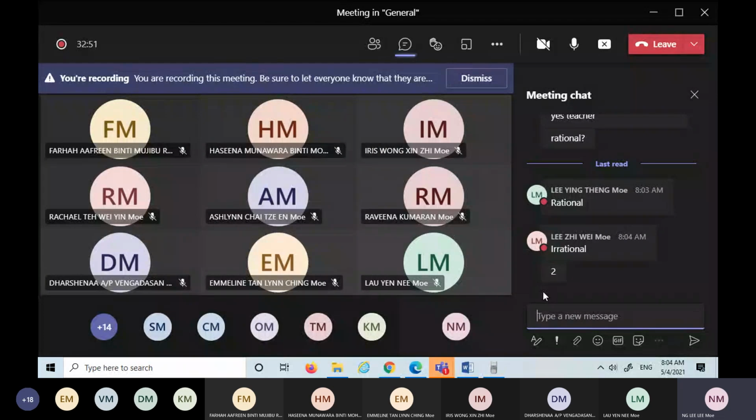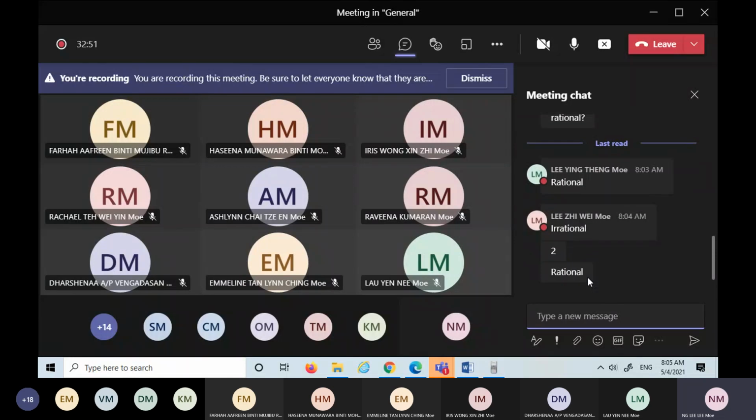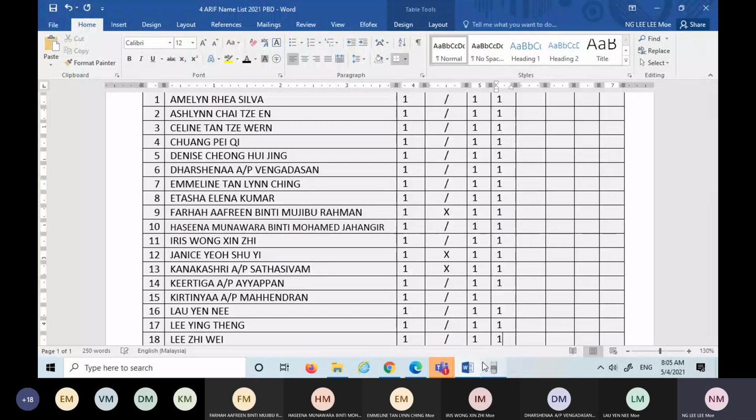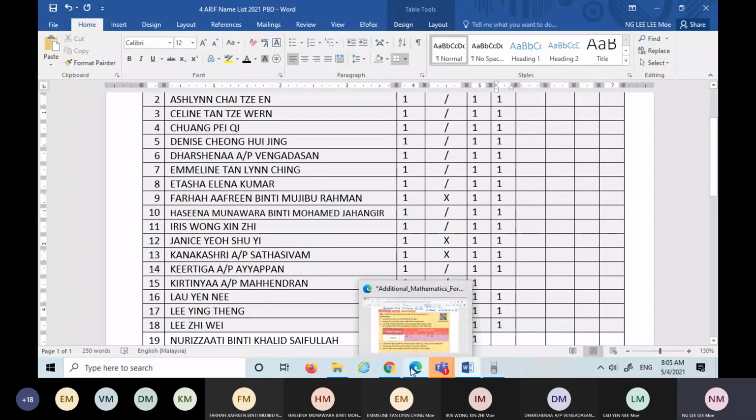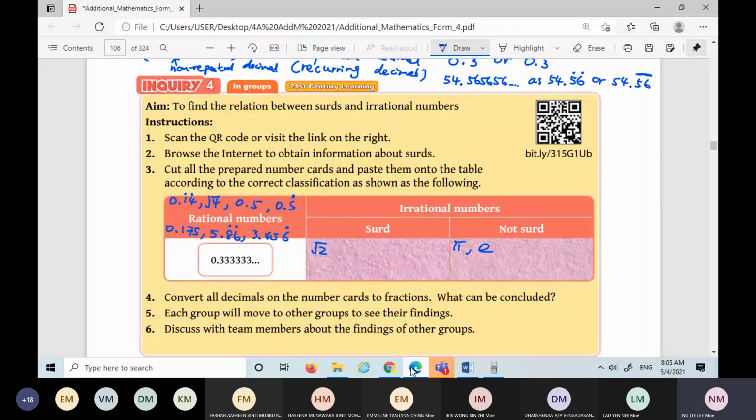Cube root of 8 is 2. It can be simplified. So is 2 an irrational number or rational number? Okay, so rational. Back here, so we have one more rational number, which is cube root of 8. Okay, continue.